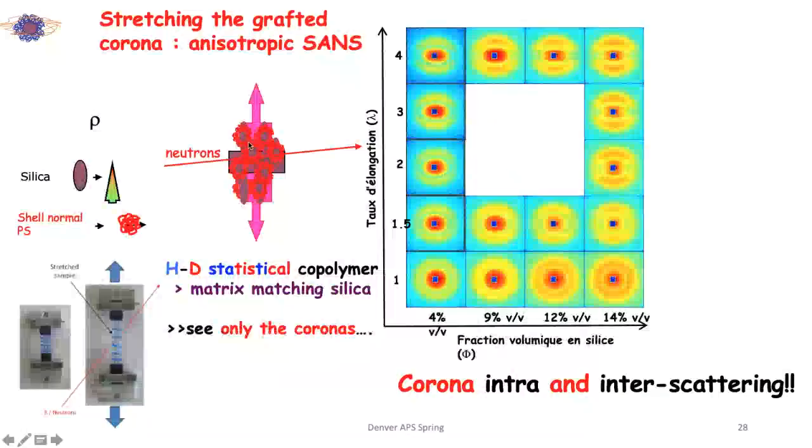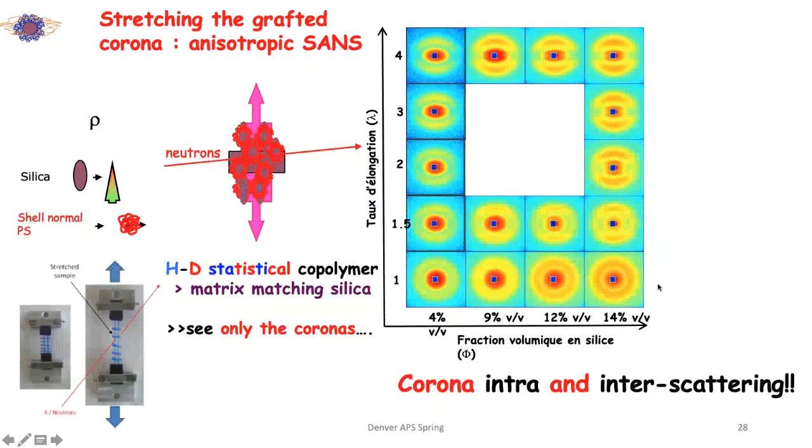And this is what you can see on the right hand side here, for different patterns, for different elongation ratios from 1 to 4, and different silica concentrations from 4 to 14% per volume.